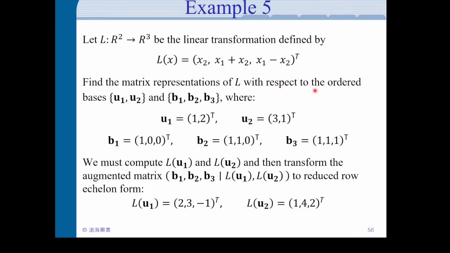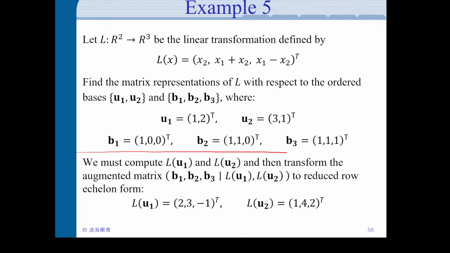Now we have two non-trivial bases on R2 and R3, and we want to see how this transformation behaves with respect to the coordinates of those two bases. The bases are quite random here: 1, 2, and 3, 1, and we have 1, 0, 0, 1, 1, 0, and 1, 1, 1 here. So up to here is the question part.